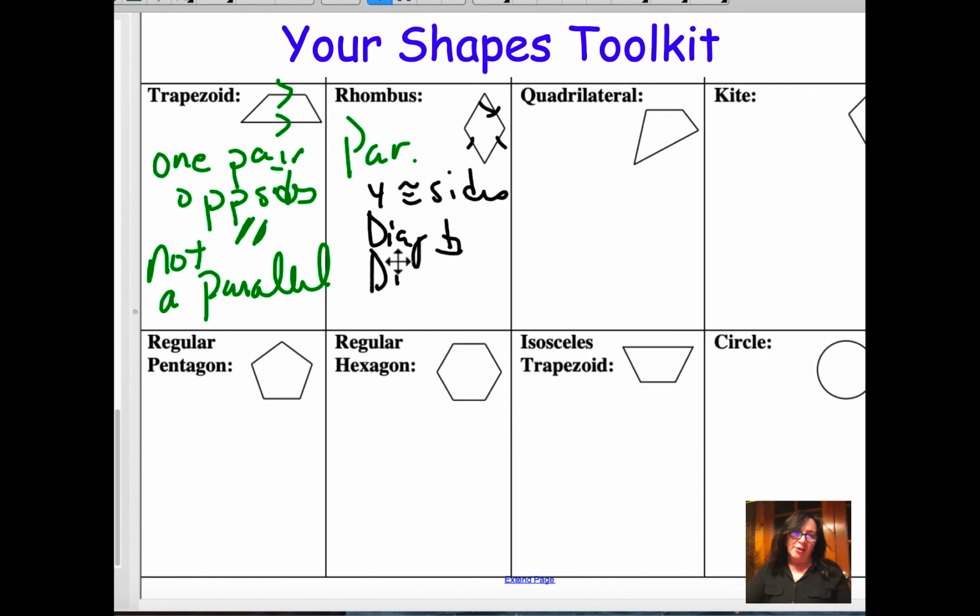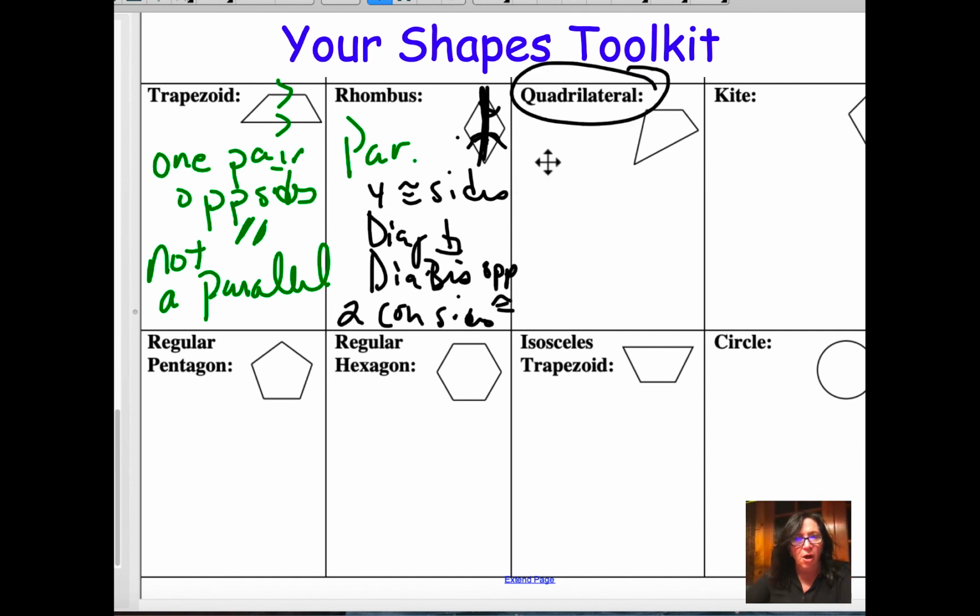It has diagonals that bisect the opposite angles, so that diagonal cuts that into 2 equal parts. 2 consecutive sides that are congruent make a rhombus.